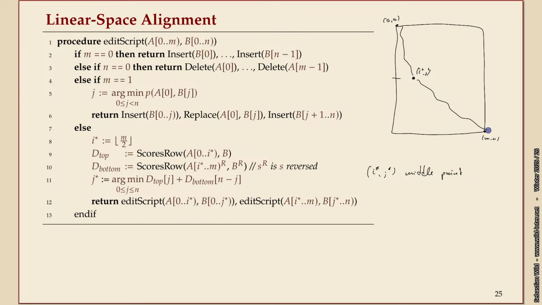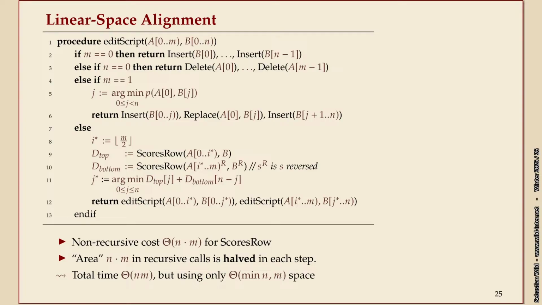Okay. How long does this take? The non-recursive cost, what we do down here, has some linear costs that are dominated by the rest. The main cost comes from these calls to computing rows because they have to fill the entire matrix. They forget most of it straight away, but they still have to compute all the rows one after the other.